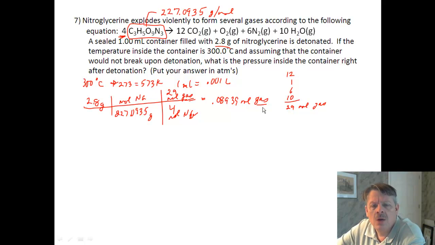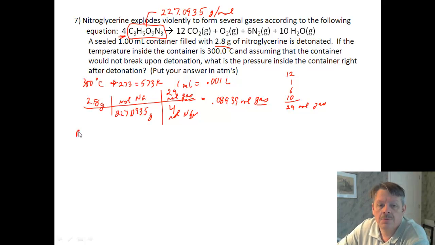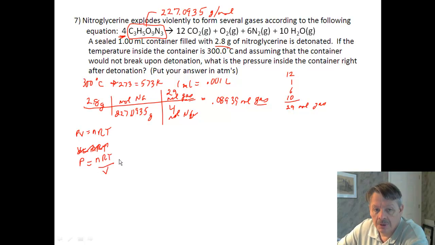But now what we can use is PV = nRT. So we want to figure out the volume. So the volume is going to be nRT over P. No, we don't. I want to find the pressure. We know the volume. The volume didn't change. It did not explode, remember? All right.